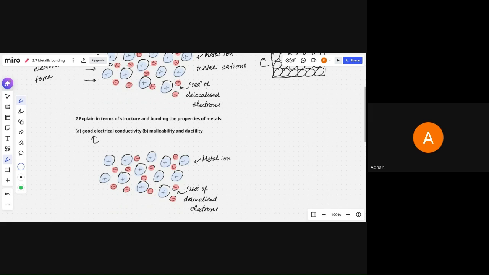And what is meant by ductility? Ductility means the ability of something to be stretched into wires. For example, copper. So if you look inside a wire, don't try this at home, only a supervising teacher must show you this.